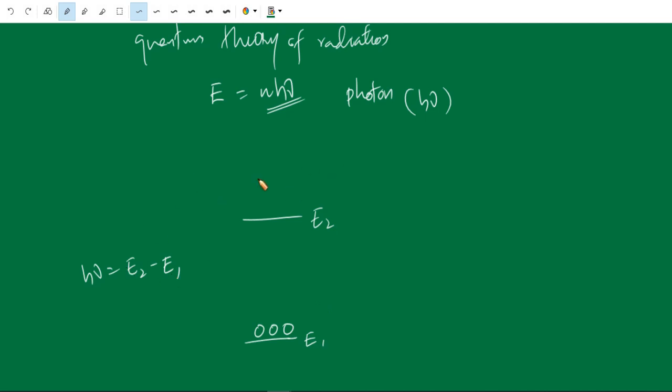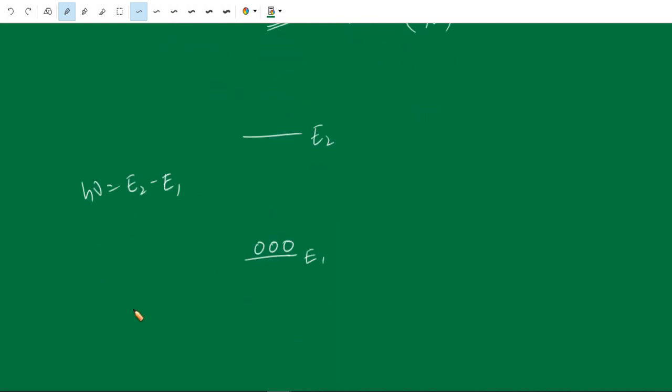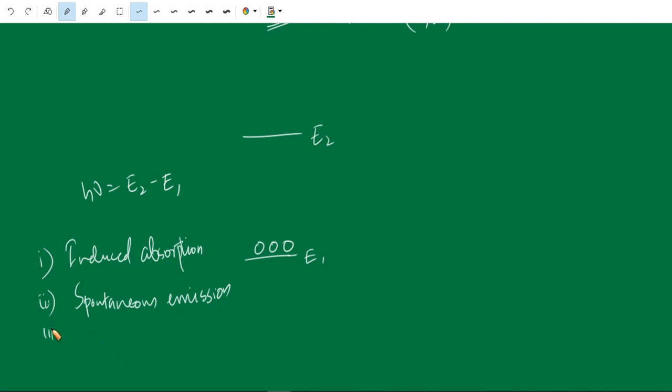One is induced absorption. The second one is spontaneous emission. And the third one is stimulated emission.